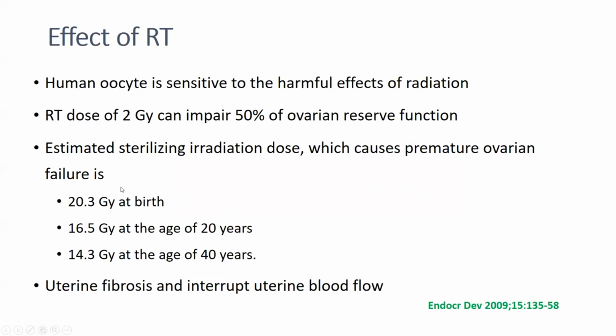The sterilizing dose at birth is approximately 20 gray, but at 20 years it is 16 gray, and at 40 years it is reduced to 14.3 gray. So as the age increases, the effect of radiation also increases, and the tolerance of radiation dose decreases.